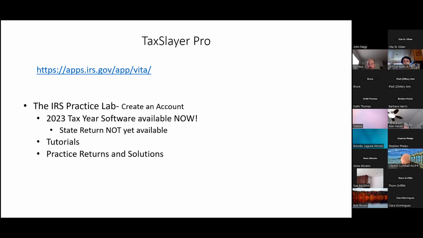When you jump into the software, you want to make sure you're operating in the current year. And so for the current year, we're going to be in the 2023 tax year. And sometimes you're at the VITA site and maybe you've got a 2022. So just make sure that you indicate that. And in the software, you go to the upper right-hand side and you simply indicate what year you want to prepare. And as of yesterday, the state tax return for California was not yet available.